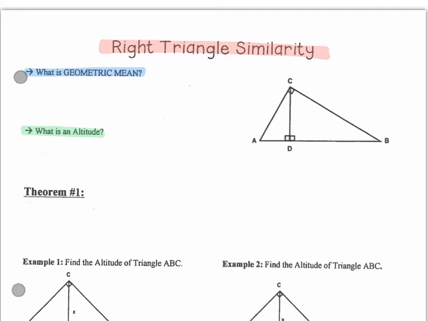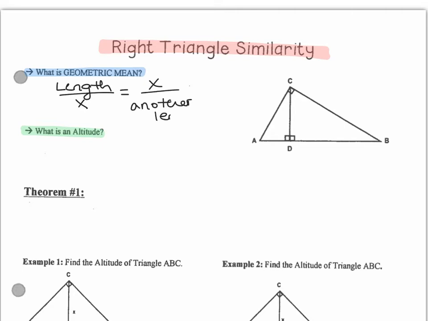And there's always a formula that matches with the geometric mean. It's going to be some length over x equals x over another length.